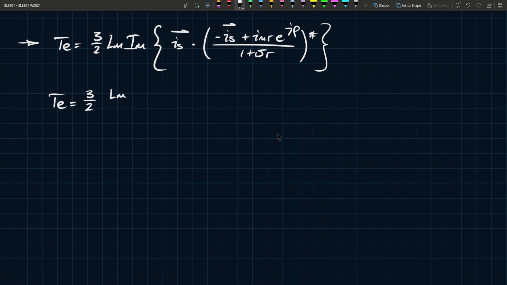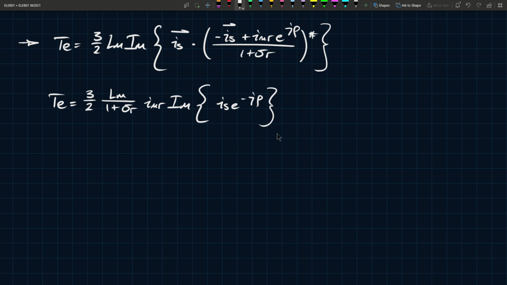Well, I guess it's complex arithmetic and not that simple, but that's a math joke for those of you that didn't catch it. In any case, this is Lm over 1 plus sigma r, IMR, imaginary part of is e to the minus j rho.